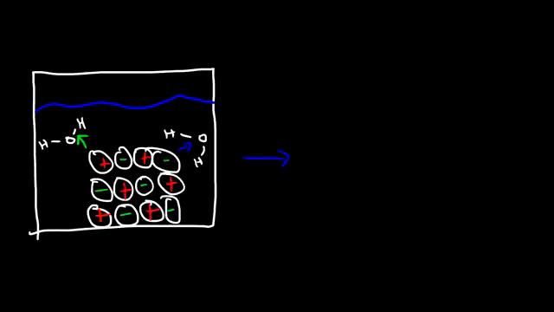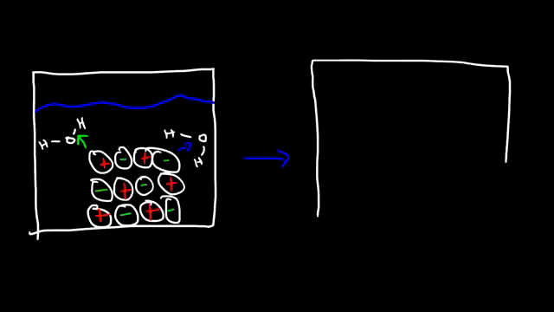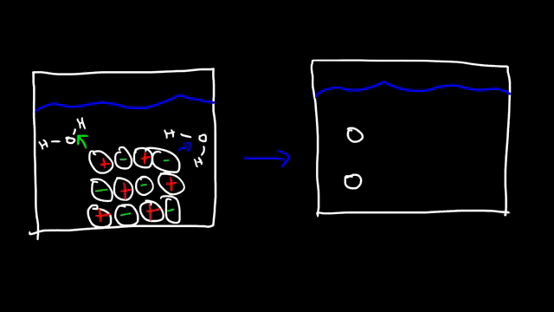So in time, all of these ions will be dissolved. They will be separated from each other. So we're still going to have the same number of ions. As you can see, water just pulls all of them apart.